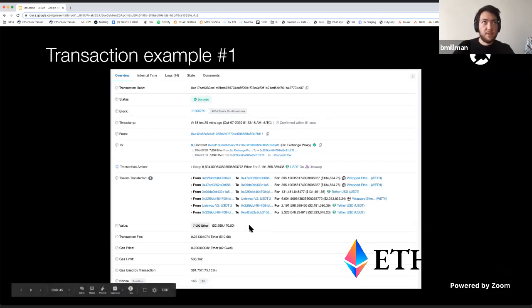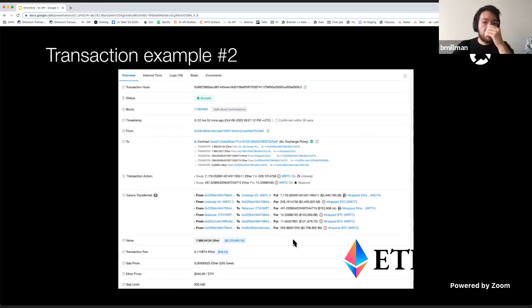In this example, we had a trader come through Matcha that wanted to trade 7,000 ETH at once into USDT, and was able to convert that 7,000 ETH into $2.3 million worth of USDT in one transaction. And this pricing was only made possible because of routing across Uniswap and SushiSwap at the same time.